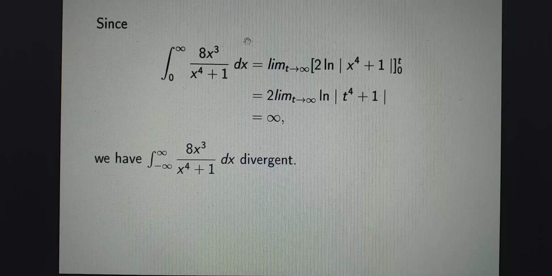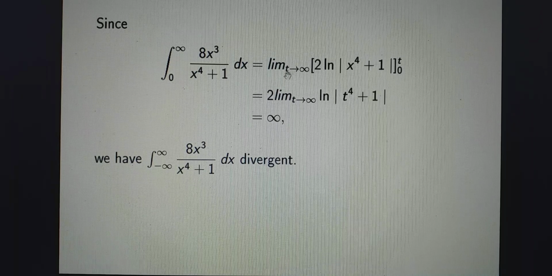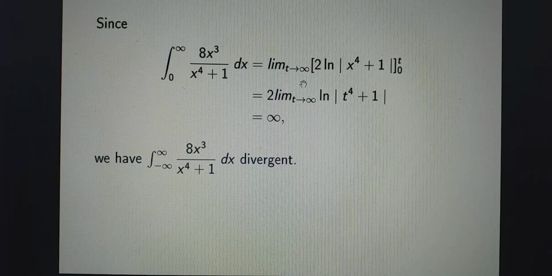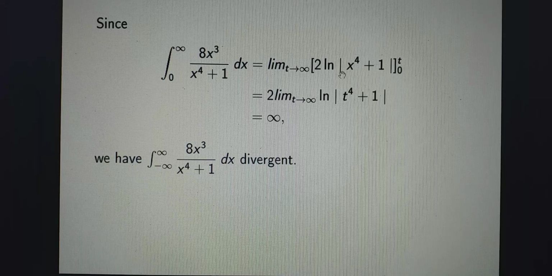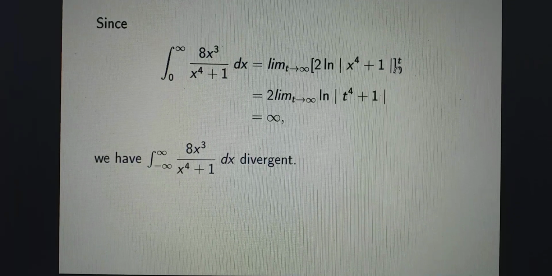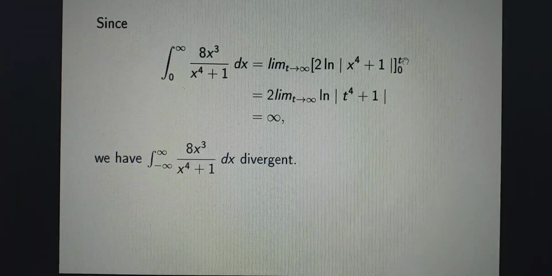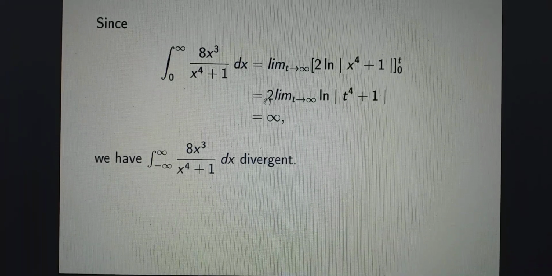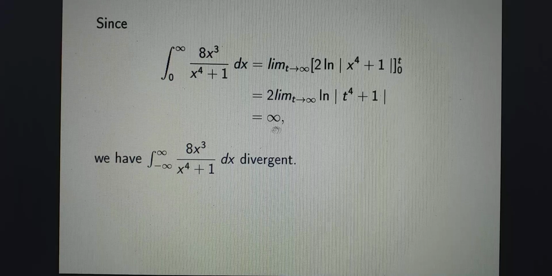And for this integral, from the definition it is equal to the limit as t tends to infinity of 2 ln of x to the power of 4 plus 1 with upper bound t and lower bound 0, and we substitute t and 0, and we get this, and this limit is equal to infinity.